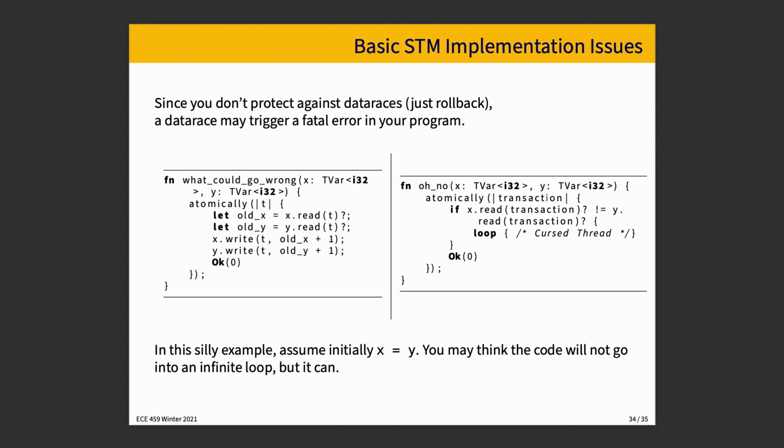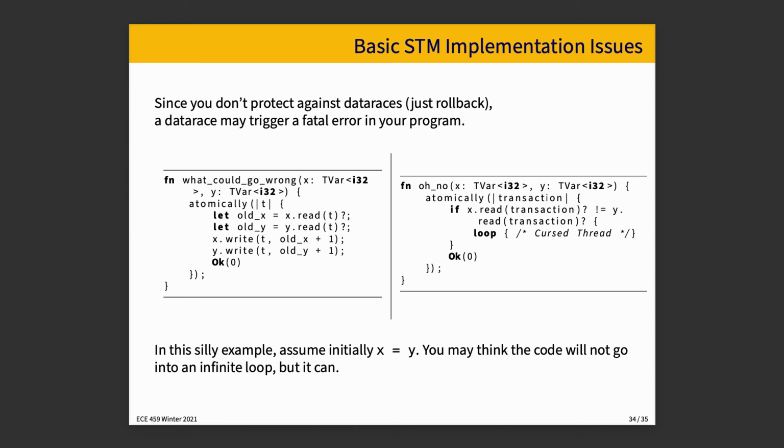The database prevents this by not allowing you to read those intermediate values if x and y are in the transaction. Then you can't read their new values in some partial state where x has been incremented but y has not. But software transactional memory gives you no such guarantee, and you may end up with this kind of example.